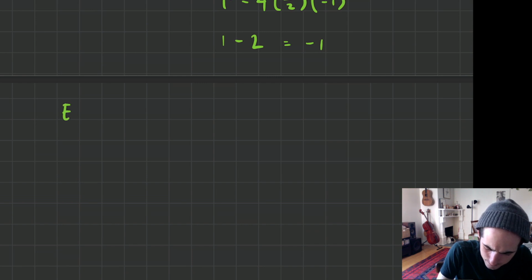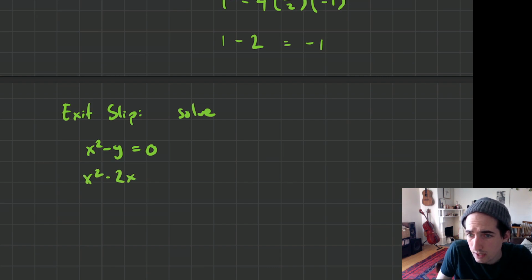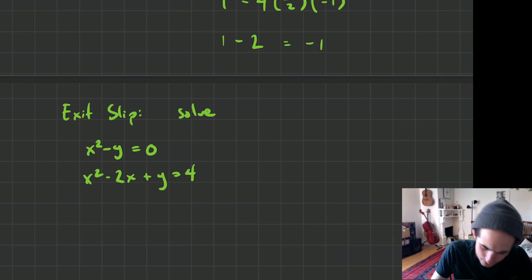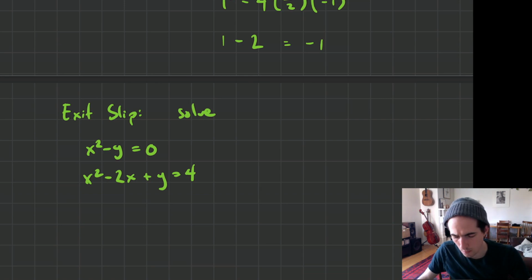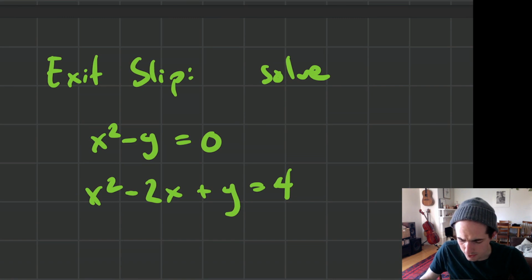So for the exit slip, the system is x squared minus y equals 0, that's the first one, and the next one is x squared minus 2x plus y equals 4. That's your system. I want you to solve it algebraically.